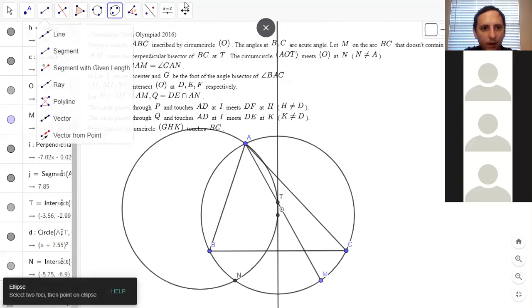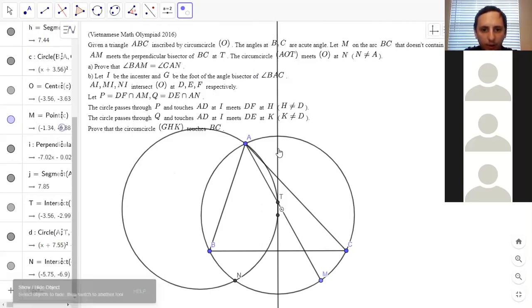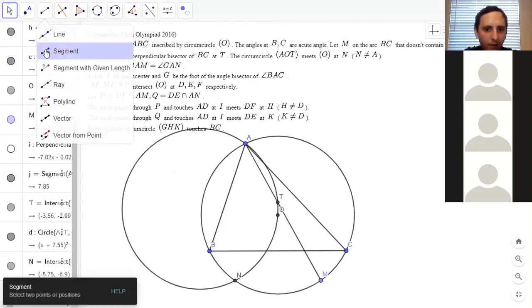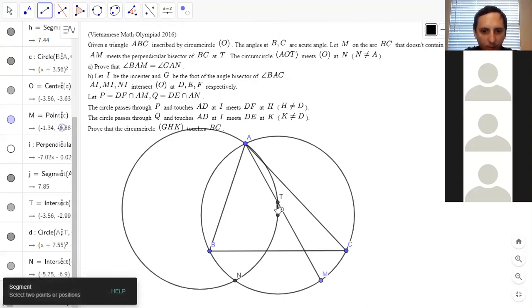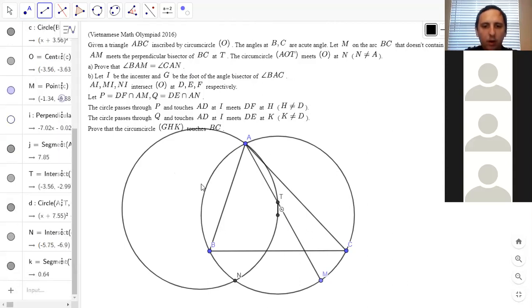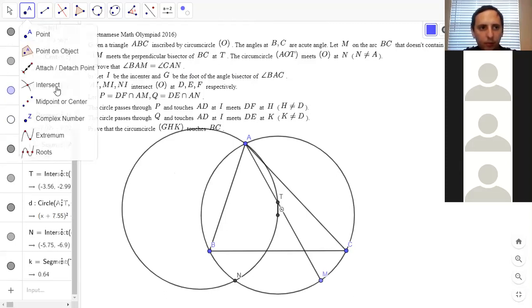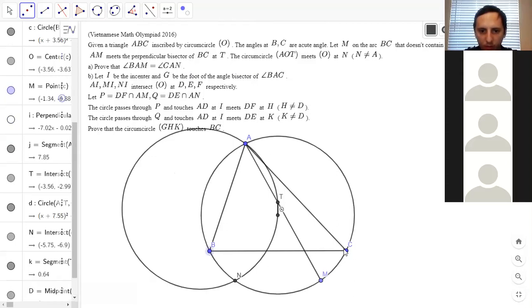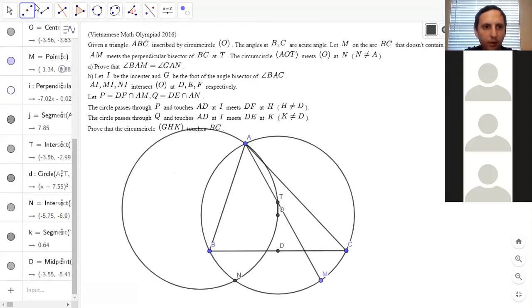All right, so that's part A. Now, let's see if we can do part B. But yeah, I guess maybe it's worth just drawing the midpoint of BC, just to show it's the perpendicular bisector.